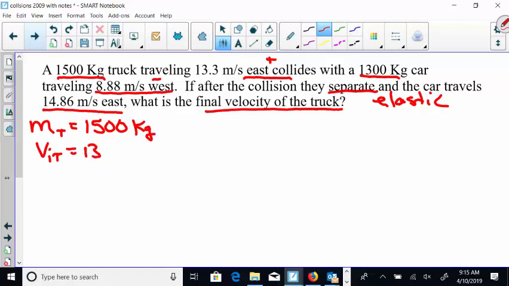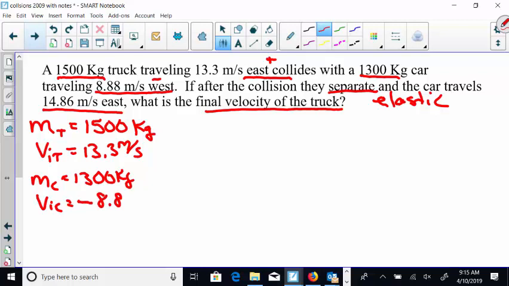is 13.3 meters per second. The mass of the car is 1,300 kilograms, and the initial velocity of the car is minus 8.88 meters per second because it's traveling in the opposite direction. Now, what we want to know is the final velocity of the truck.